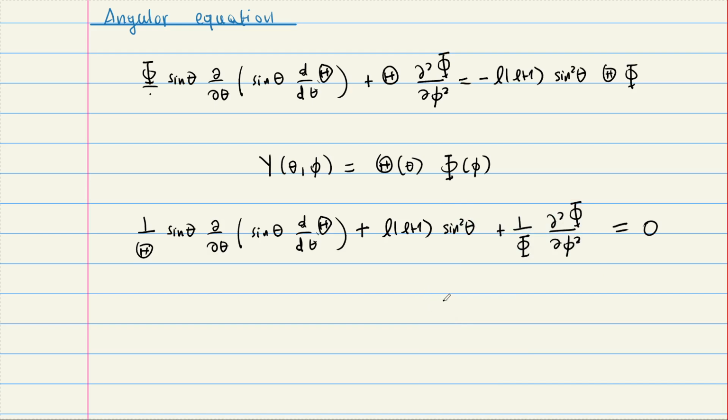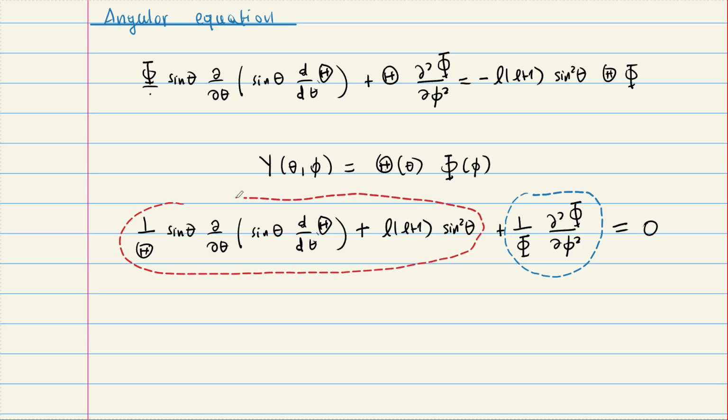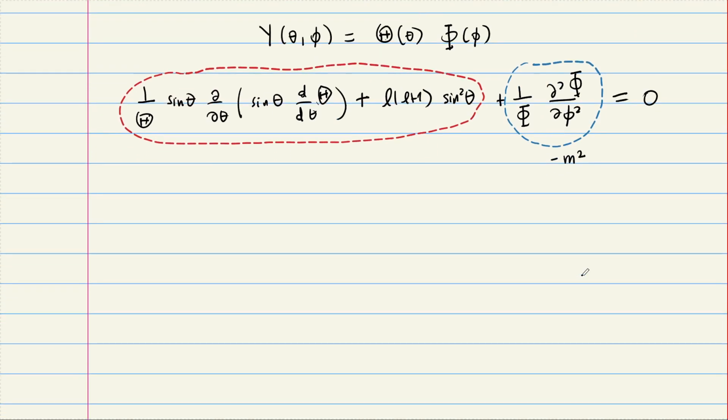Now we see exactly the same thing. There is only a phi dependent part, and there is only a theta dependent part. You can call them whatever you want, but typically we call this minus m squared, and this is also going to be connected to special function indices.